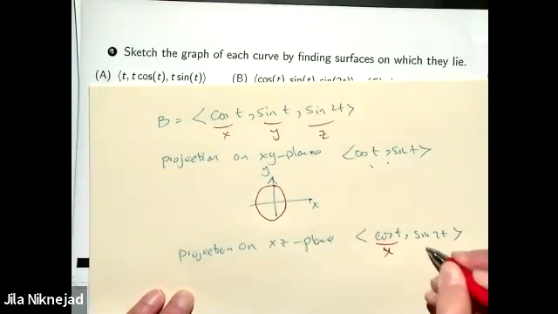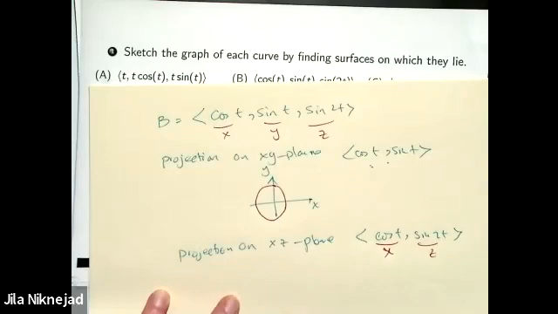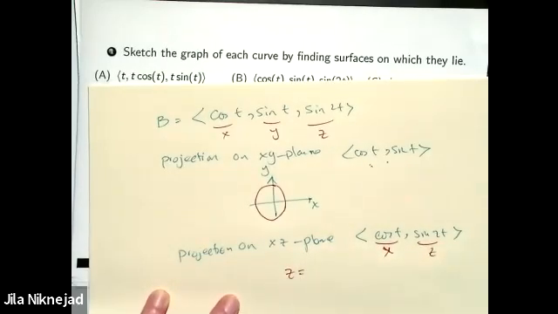One of them is xz. So one of them is z is equal to, what is sine of 2t? It's 2 sine of t cosine of t, equal to 2 square root of 1 minus x squared times x. Hey, this is a little bit more complicated than I like.